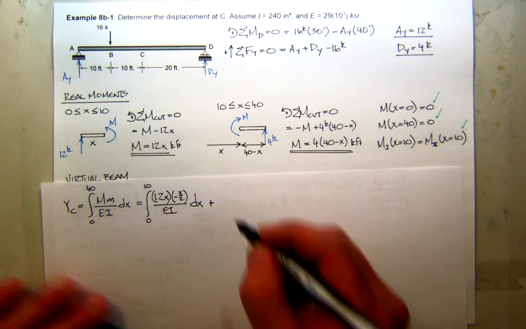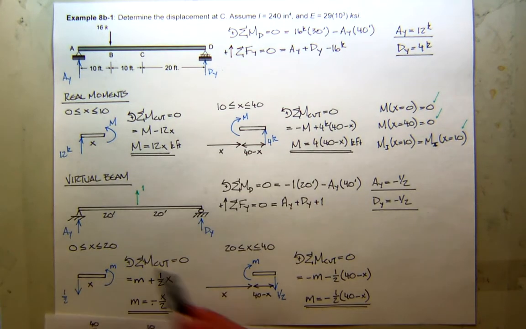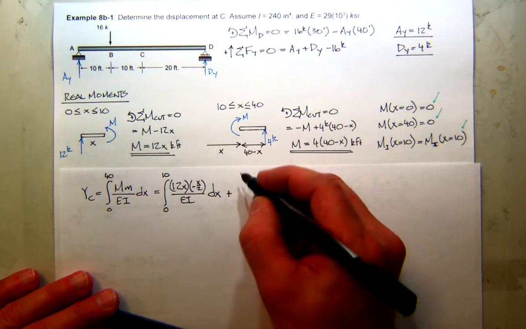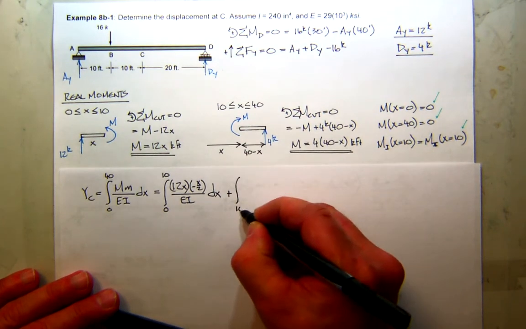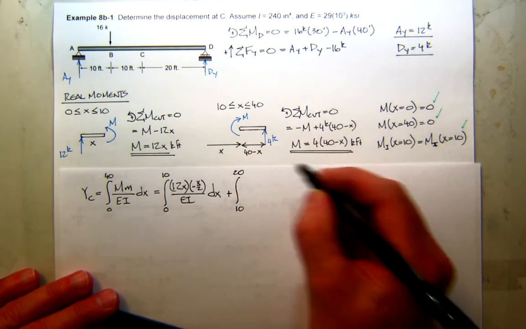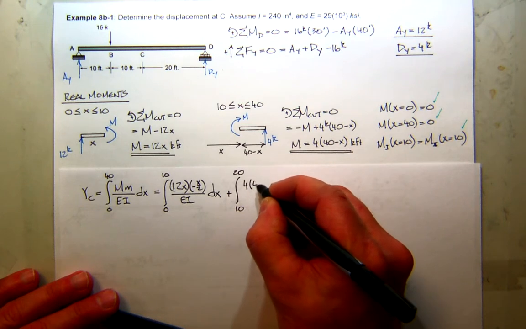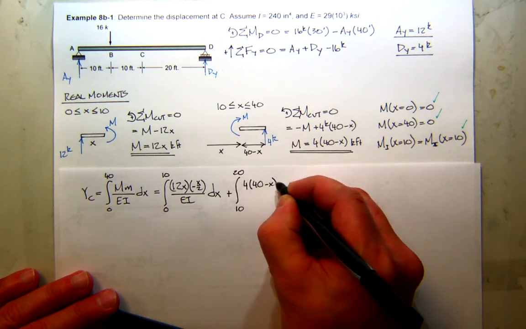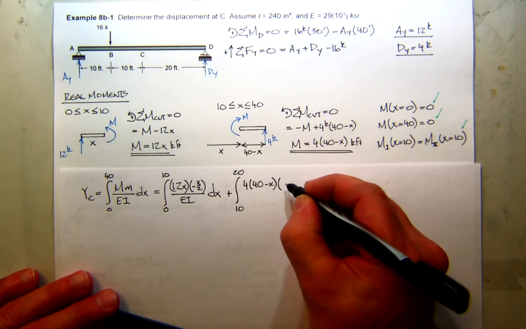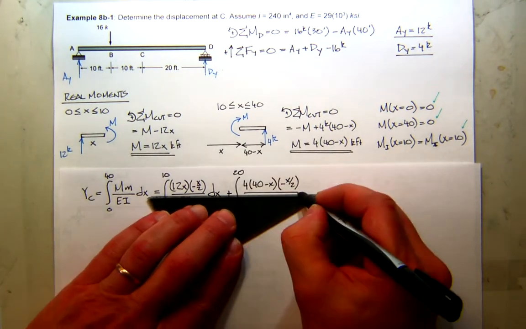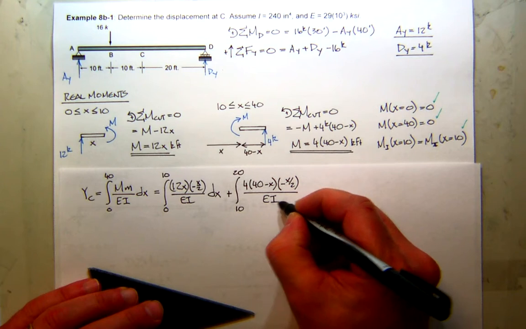And then this is still good till 20, but now this one kicks in from 10 to 20. So I'm going to have the integral from 10 to 20. Now this is my real moment, 40 times (40 minus x), times my virtual moment, minus x over 2, divided by EI dx.